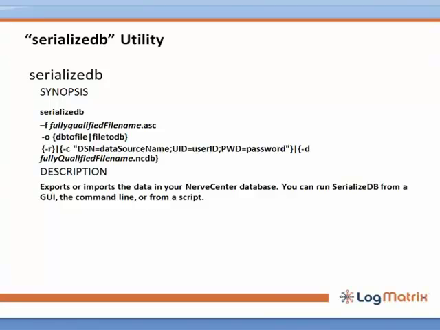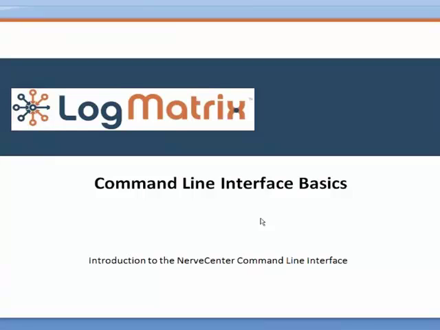It can be input on either side, Windows or Unix or Linux, in the ASC format. Otherwise, the databases are not portable between the different platforms. You'll only be doing serialized DB when you go between major releases.